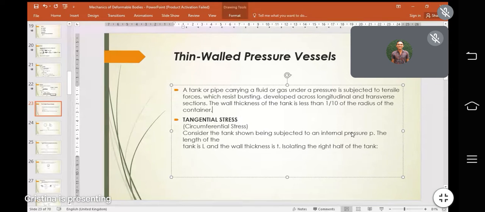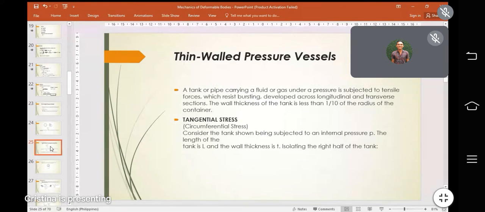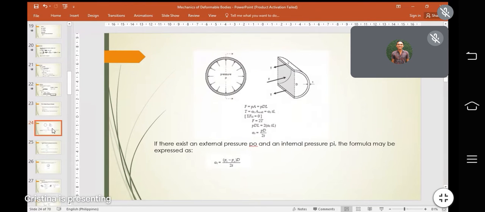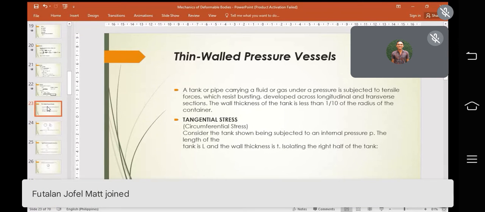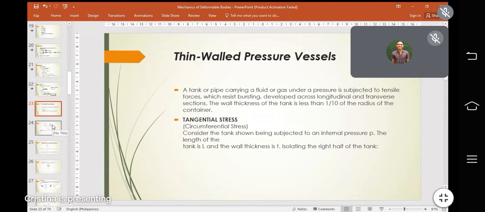There are two types of stress present in a thin-walled pressure vessel. It is the tangential and the longitudinal. The difference between them, class, is where the stress is located.